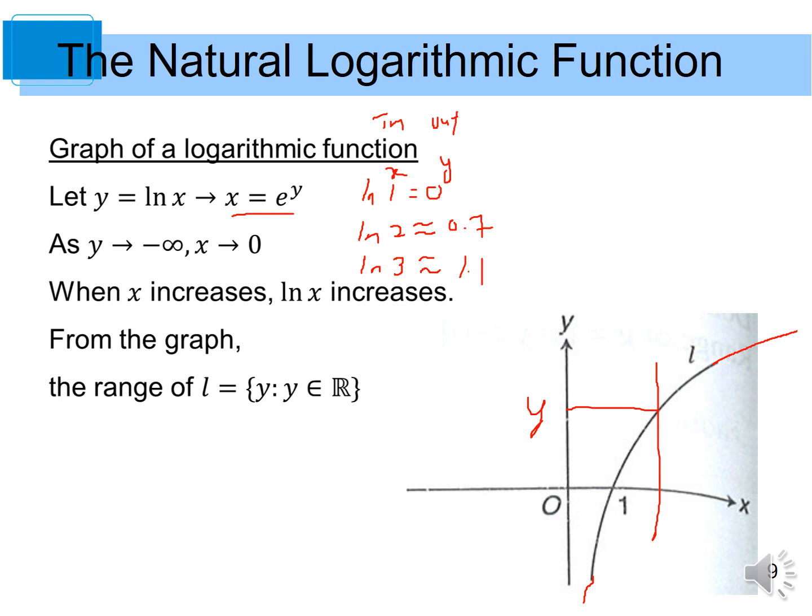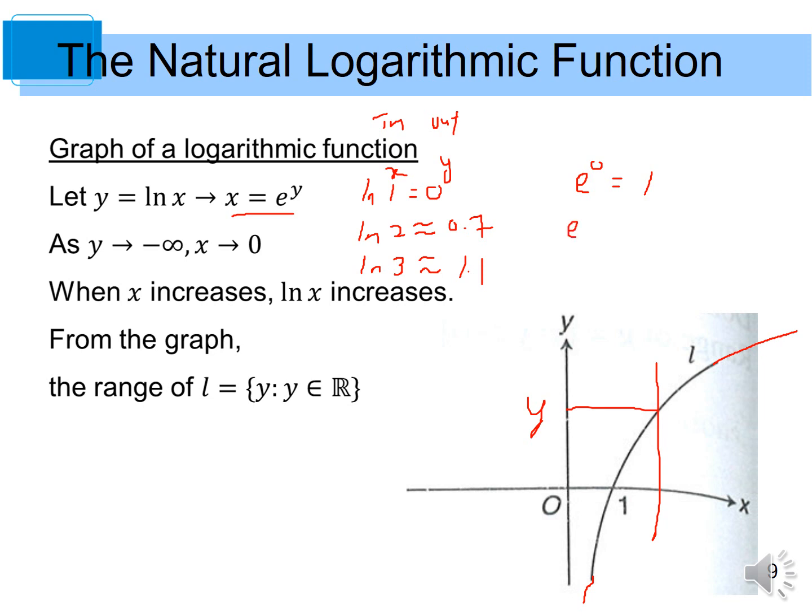Now look at the inverse function. Let's recall the first chapter: what is the inverse function? The output will become input, and the input will become output. You can verify with your calculator. Exponent of 0 will equal 1.